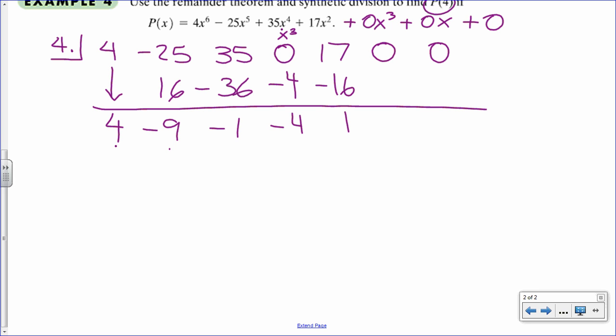And then we multiply. 4 times 1 is? 4. 0 plus 4 is? 4. And then? Multiply. 4 times 4, 16. 0 plus 16, 16. So what this means is that the function value at x equals 4 is 16. Okay? And that's the end of the video.